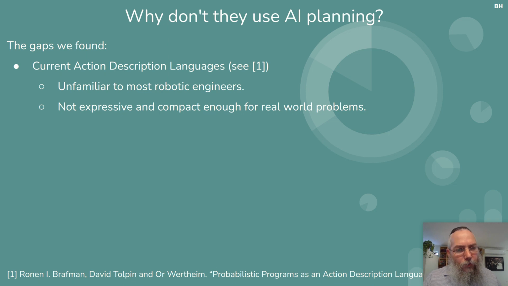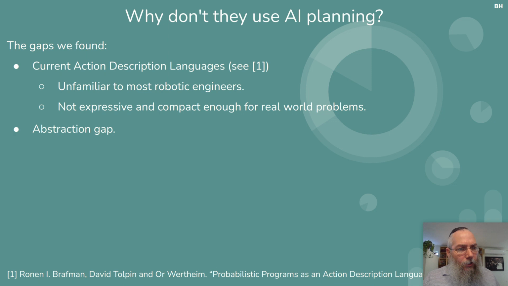And it's not only the language itself: the current ADLs are not expressive and compact enough to describe real-world problems. You can also look at the paper presented here at AAAI about probabilistic programs as an action description language, which talks about this gap and our suggestion.